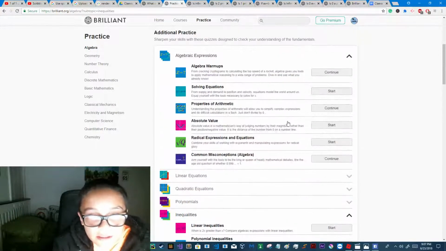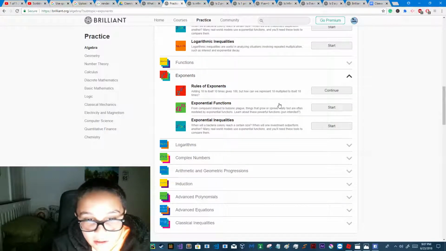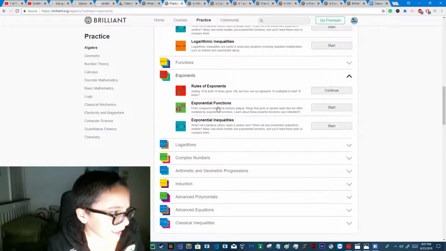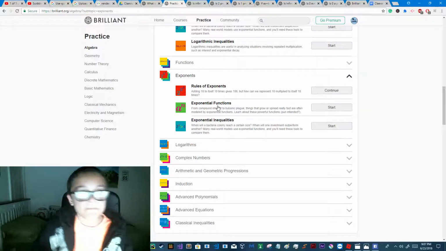Way back here. Maybe the exponent category. Exponential functions from compound interest to bubonic plague? Bubonic plague has absolutely nothing to do with exponents and mathematics.